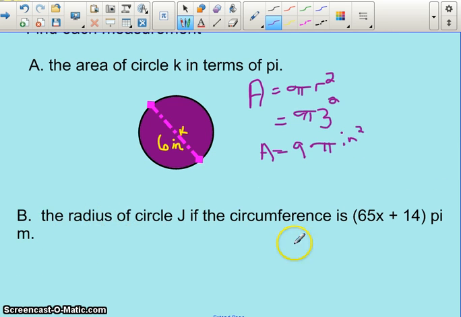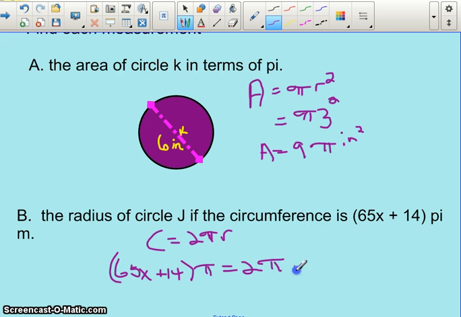Alright, the radius of circle J was the circumference of that, pi meters. So circumference is equal to 2 pi r. And we're going to fill in 65x plus 14 pi is equal to 2 pi r. Well, we're solving this for r, so I need to get rid of the 2 pi. So I'm just going to divide that by 2 pi.